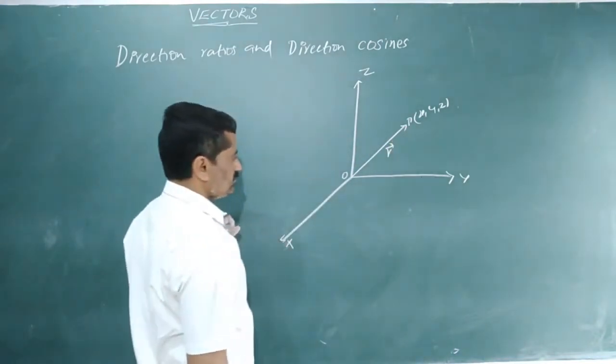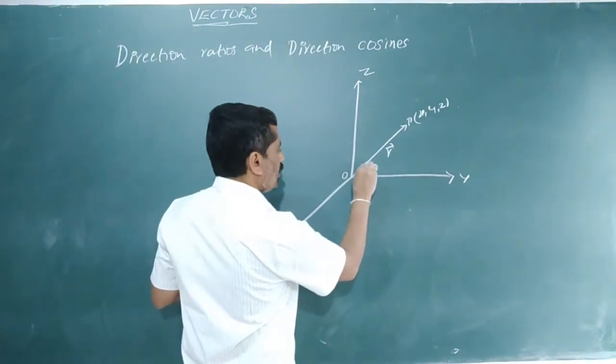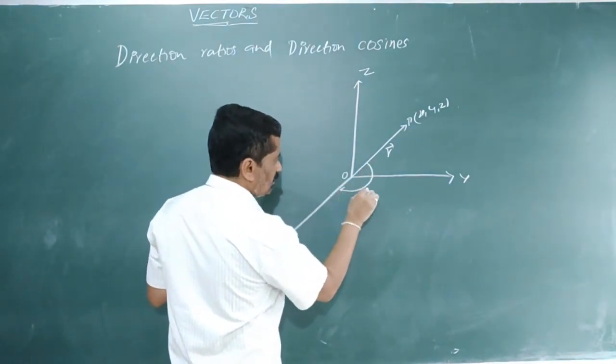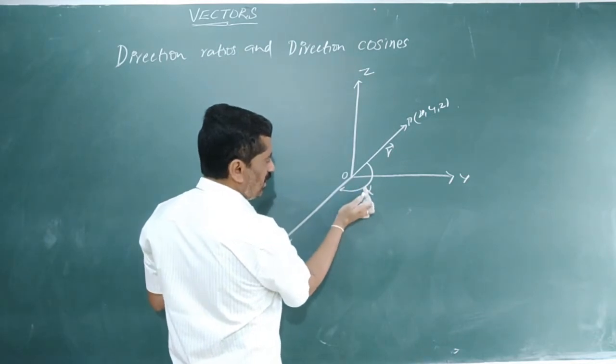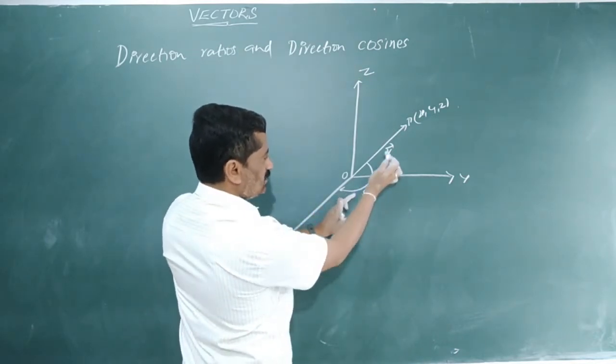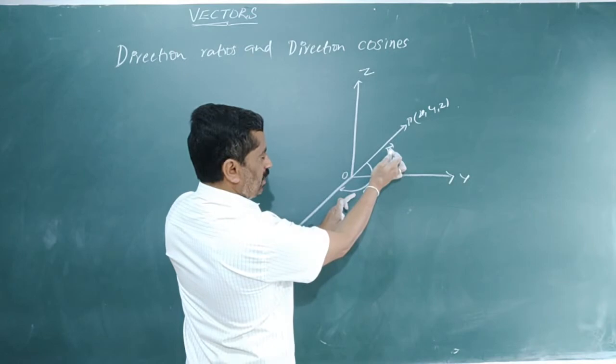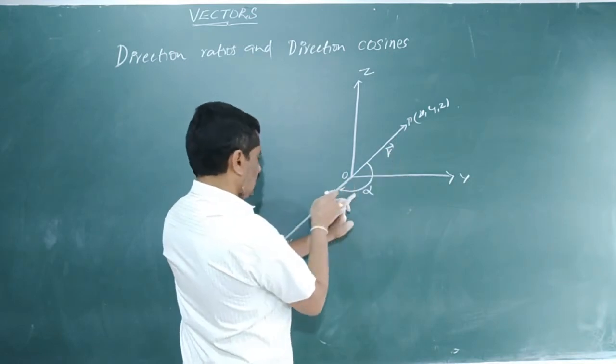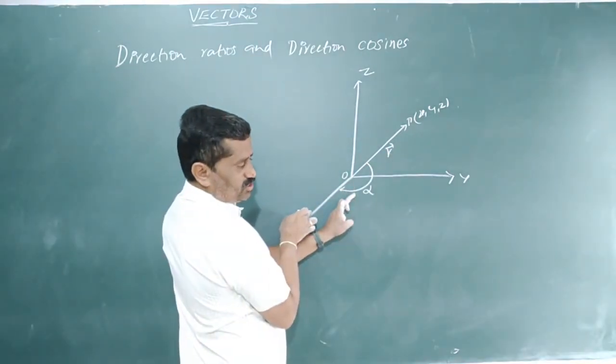Again, let alpha be the angle made by the r bar with x axis in the positive direction.